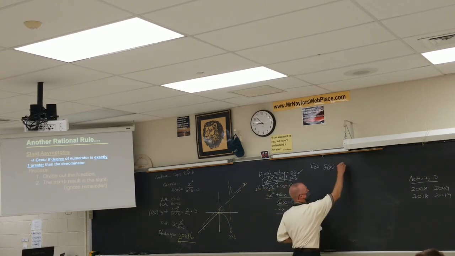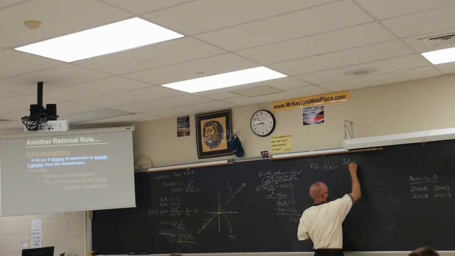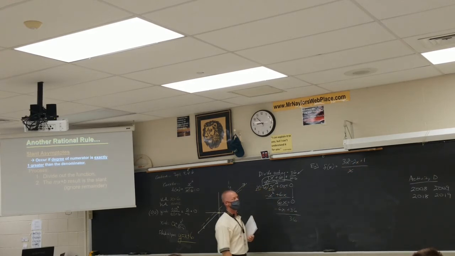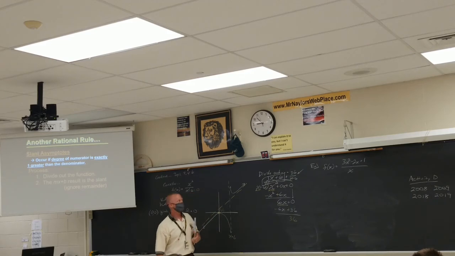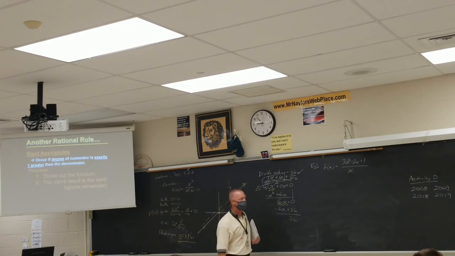I'm actually purposely showing you a problem that has a slight difference to it. Yet, I hope you'll realize that it still fits into this category. We got 3x squared minus 2x plus 1 over x. Lovely fraction.